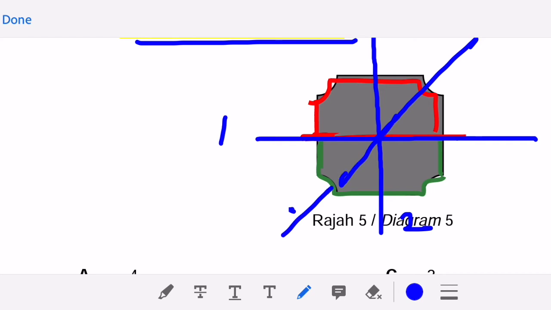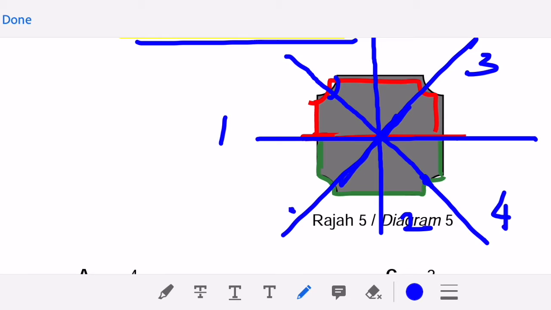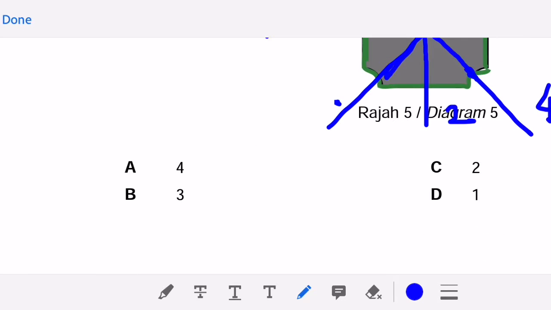You just measure: if you fold the diagram, it should overlap exactly. So this is number 3, and we have another one here. So we have 4 axes of symmetry.